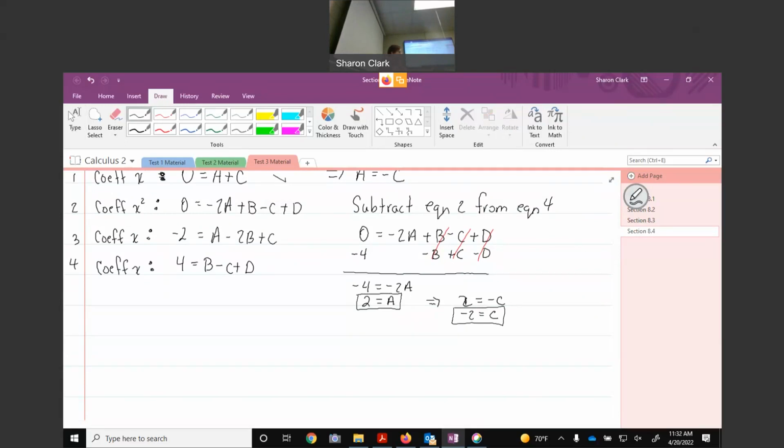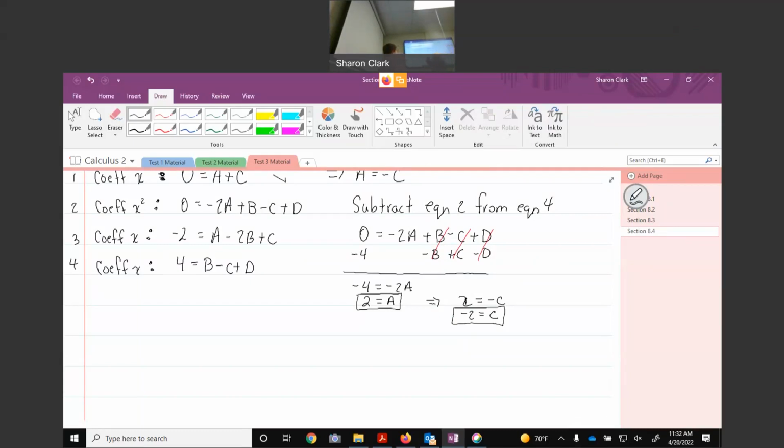In equation 2, I have A and C, but I need B and D. In 3, I have A and C and I need B, and there's only 1 letter.